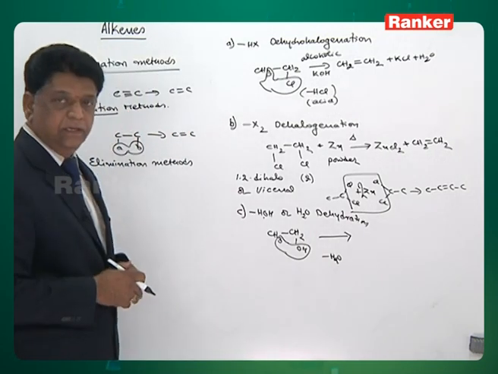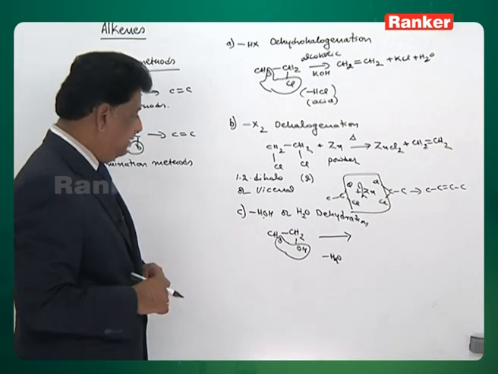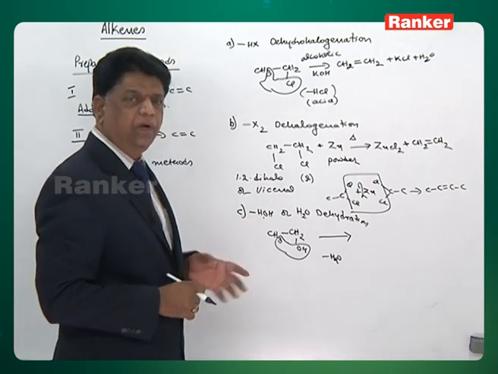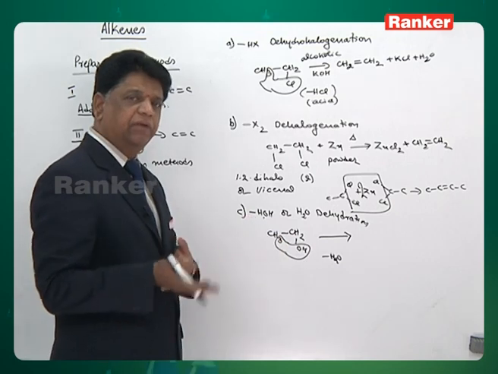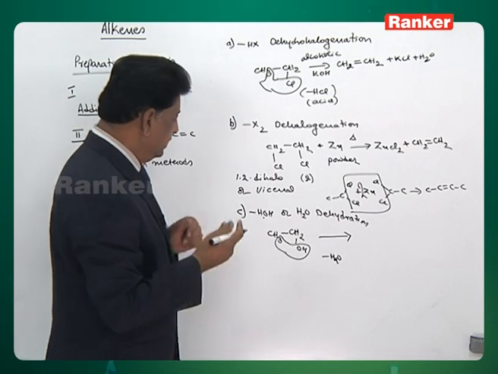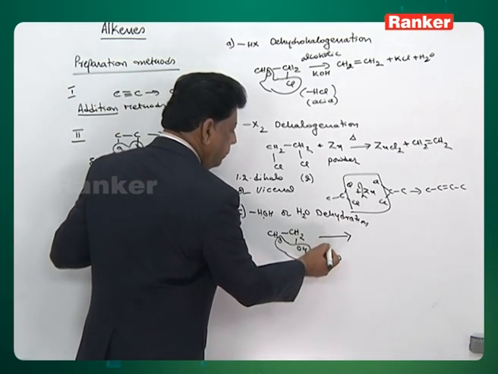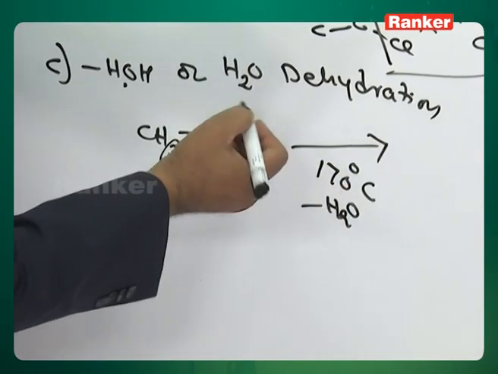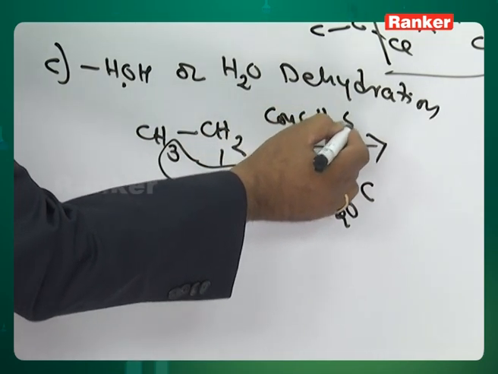You can guess water removal is generally done with concentrated sulfuric acid, and that too at a little higher temperature, because removal of water is always favored by higher temperature, because water comes and evaporates. So as the water is going out, the forward reaction will keep taking place. Therefore here the temperature is around more than 140 or 170 degrees centigrade, and the reagent is concentrated H2SO4.